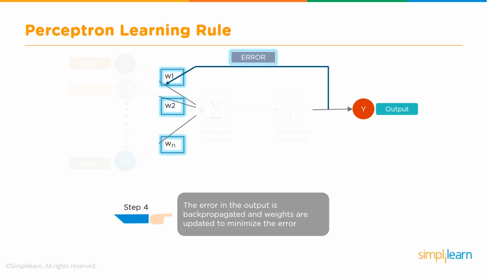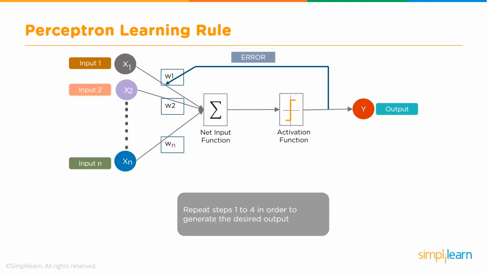The error may not ever reach zero, but the idea is to keep changing these weights and bias so that the error is the minimum possible that it can have. So this whole process is iterative, and the iteration continues till either the error is zero, which is an unlikely situation, or it is the minimum possible within the given conditions.